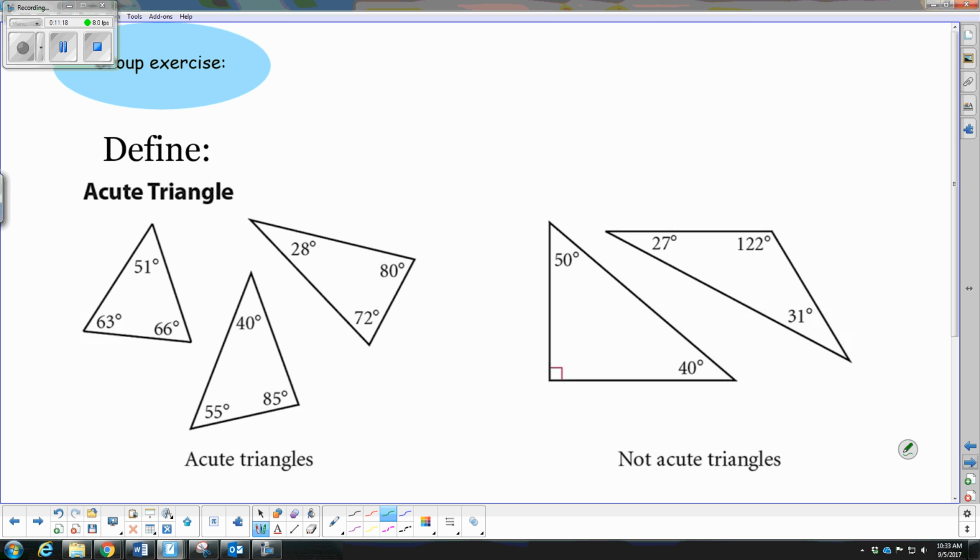Look at the acute triangles and the non-acute triangles and create a definition for those. An acute triangle has three acute angles.